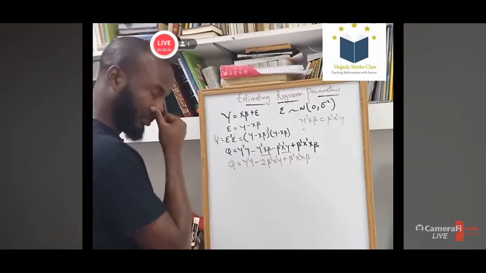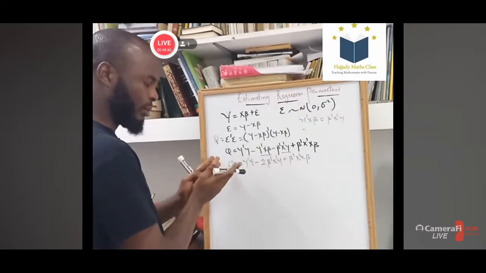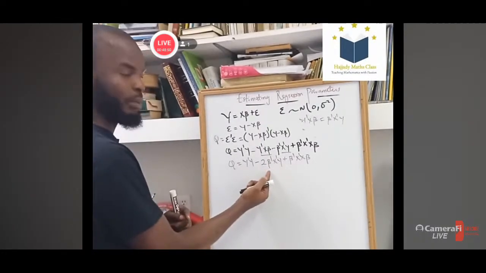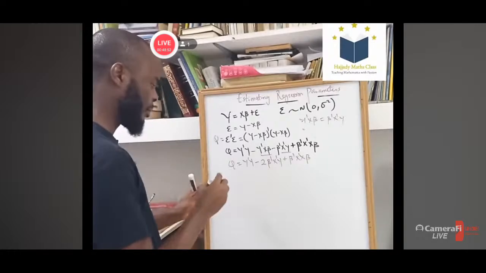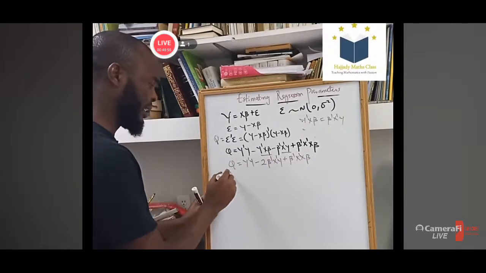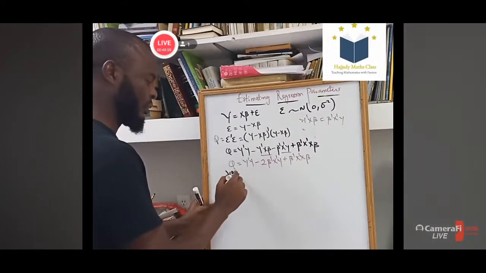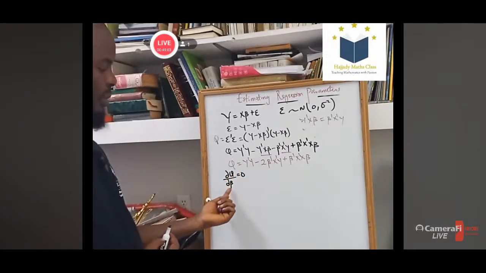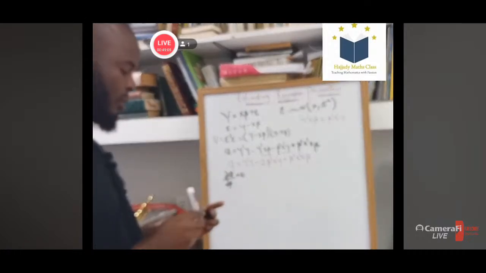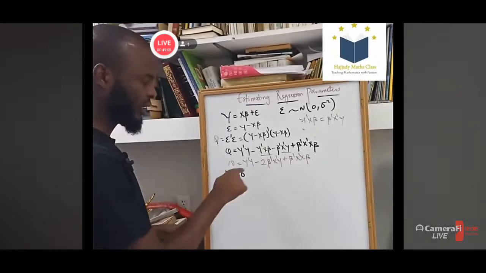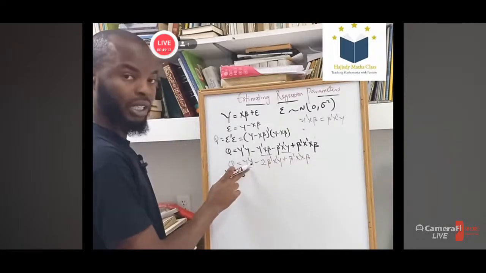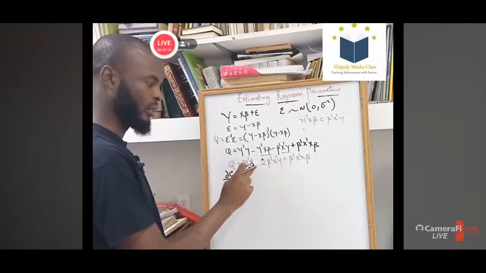From this equation, we're going to differentiate with respect to the parameter we want to estimate, which is beta. So here, I'm having my dQ over d beta. I'm going to differentiate this Q with respect to beta and equate the answer to 0. Differentiating this with respect to beta: there's no beta, no parameter here, so it's going to be 0.